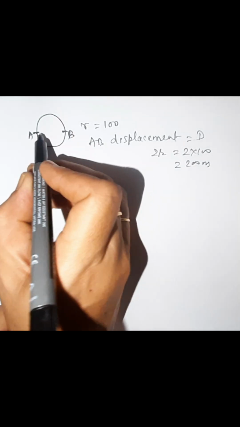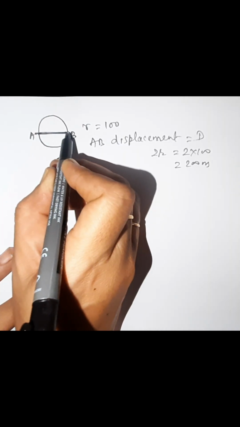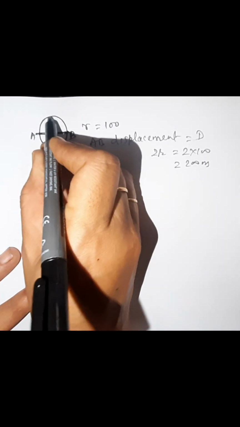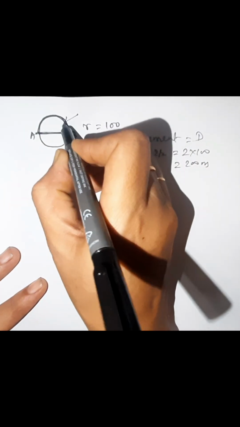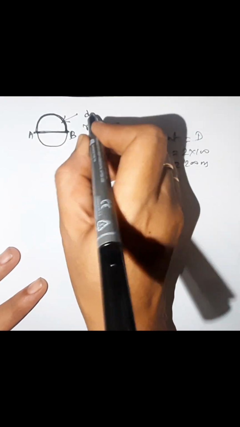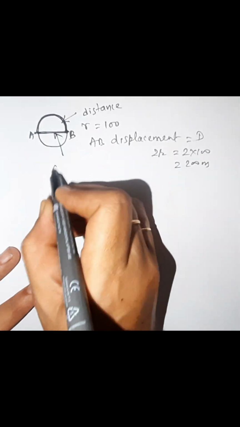Now when we think about distance and displacement, we can see that the shortest distance is AB, whereas the longest distance is the semicircumference. So this semicircumference is representing distance and this one is representing displacement.